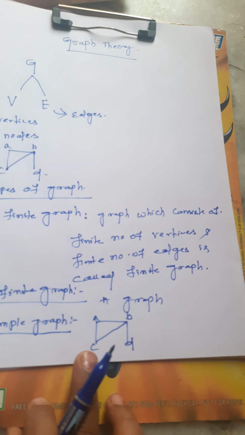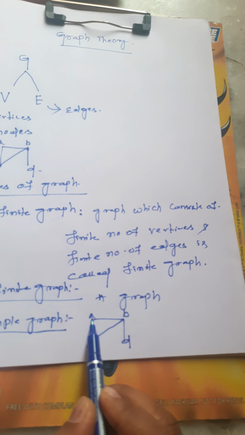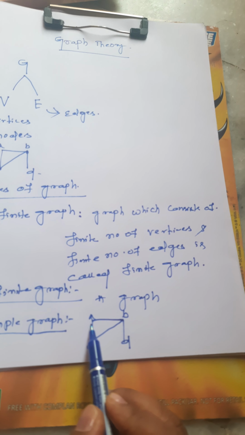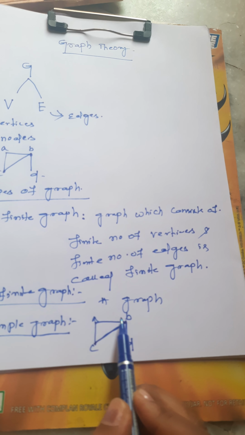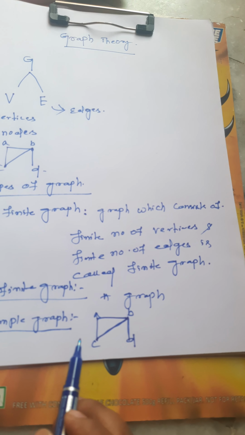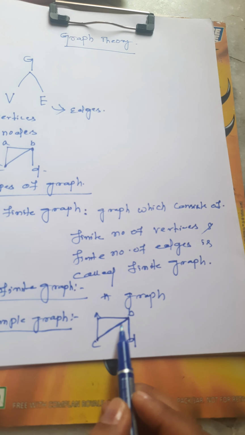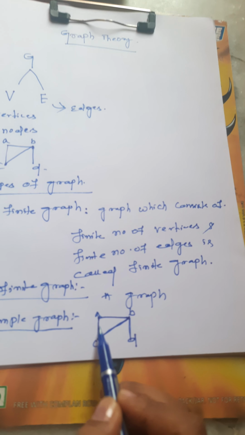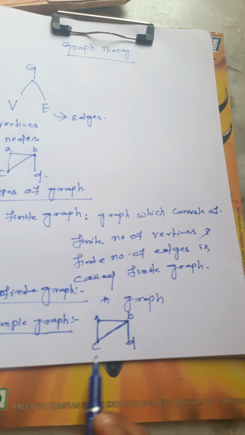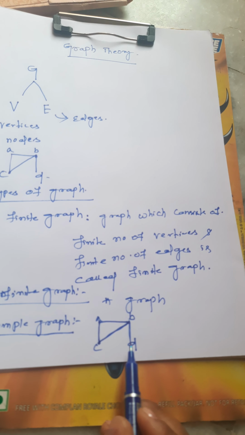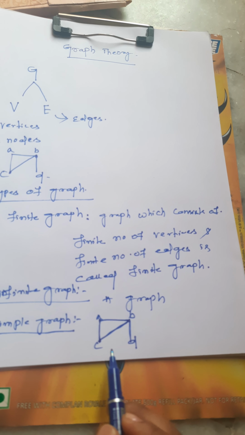Look at this picture, look at this graph. Here AB, AC, BD and CD. Here 4 vertices. In 4 vertices, we get 4 edges, AC, AB, BD. So, by the definition, a graph in which each edge connects different vertices.